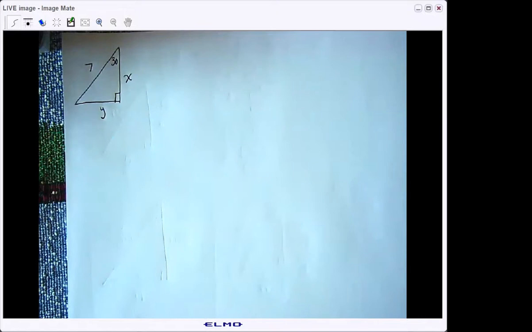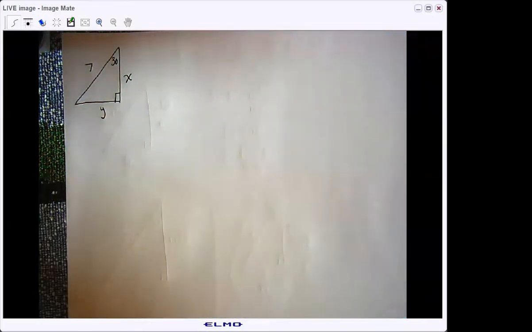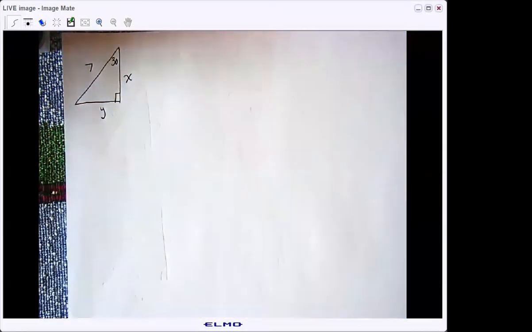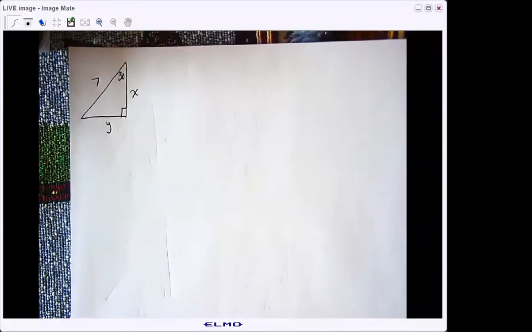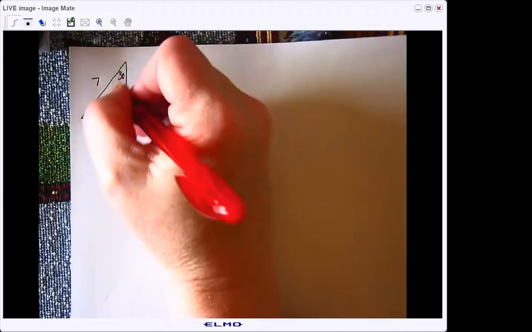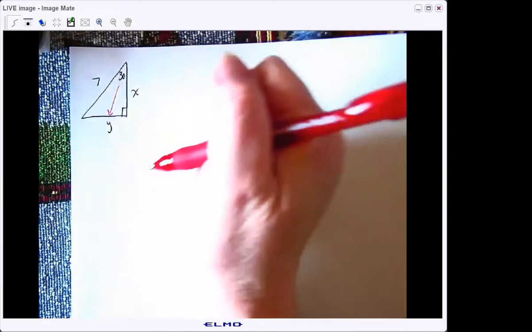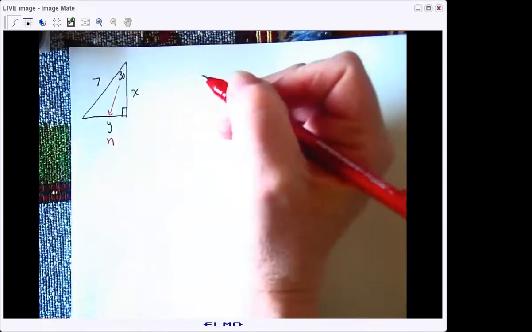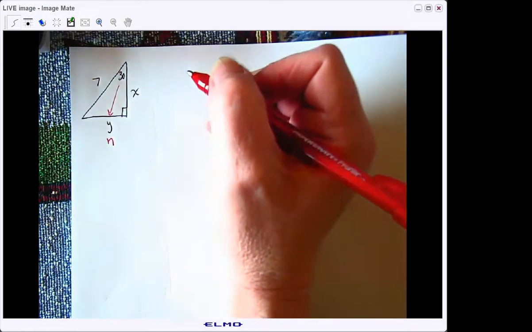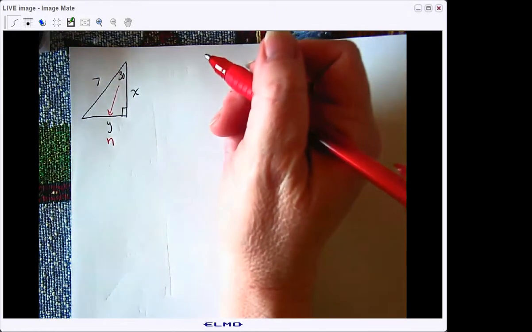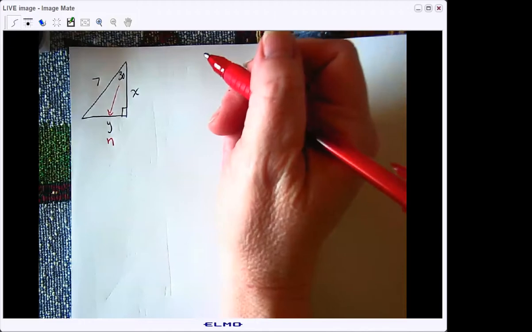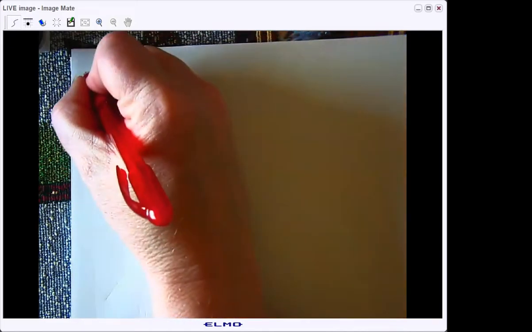Nice as in even. So labeling, one opposite my 30-degree angle is n. Which one's 2n? Would that be the x or the 7? 7. Good. This is 2n. This would be my n root 3.